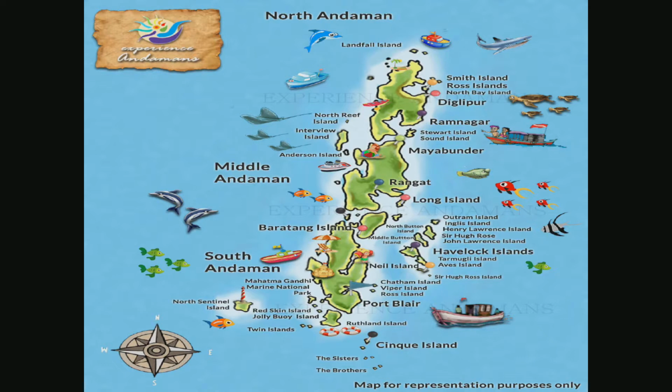The entire group of islands is divided into two broad categories, Andaman in the north and Nicobar in the south. It is believed that these islands are elevated portions of submarine mountains.